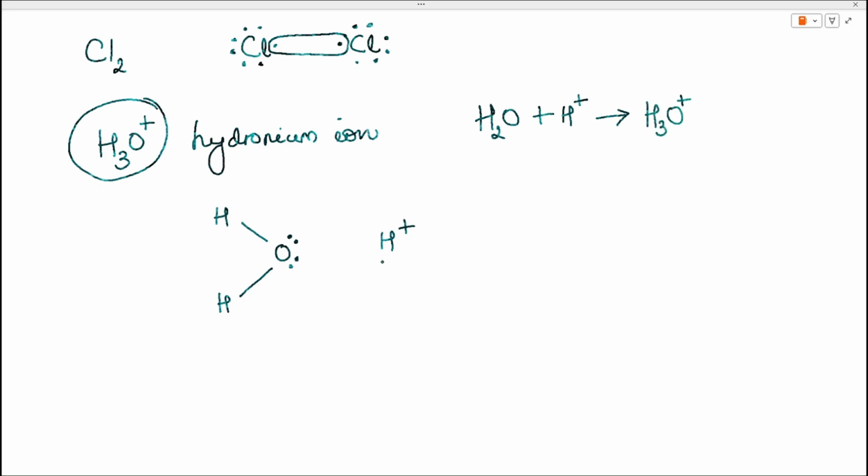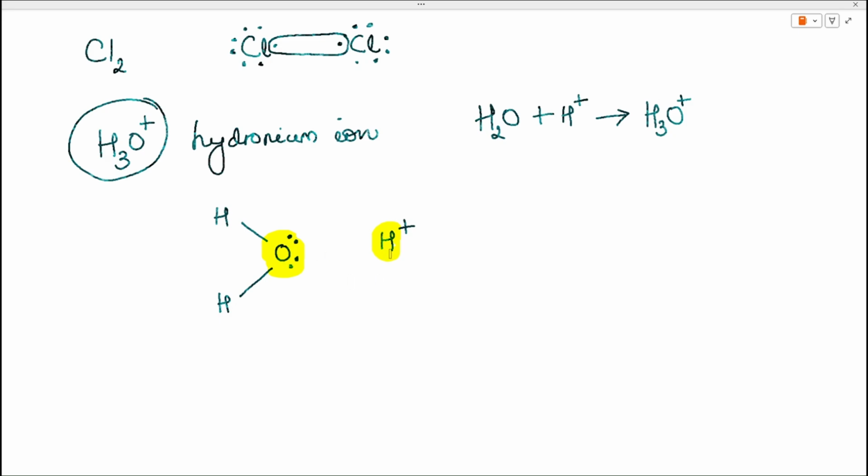Now, if a bond needs to be formed between the water molecule and the H+ ion, one thing to be careful about is that this hydrogen had 1 electron, and because it has a positive charge, it has already lost its electron. So this hydrogen right now has no electron at all, and in this water molecule, this oxygen is already good with its octet.